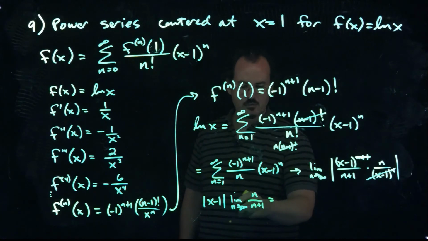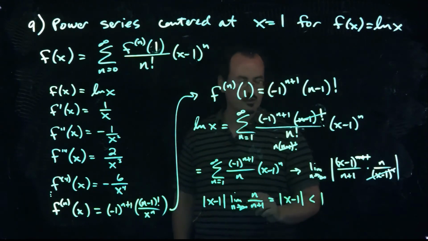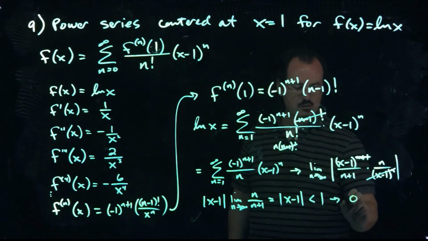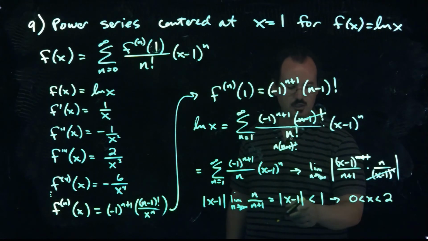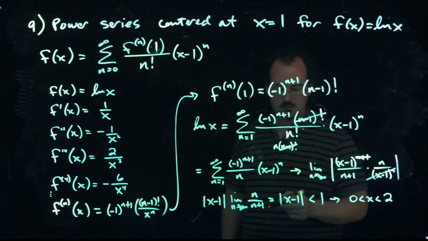And that limit is 1, so what I'm left with is the absolute value of x minus 1. And again, we know that must be less than 1 for convergence. So by simplifying this we get 0 less than x less than 2. This is x minus 1 between minus 1 and 1. You add 1 to everything, you get that.